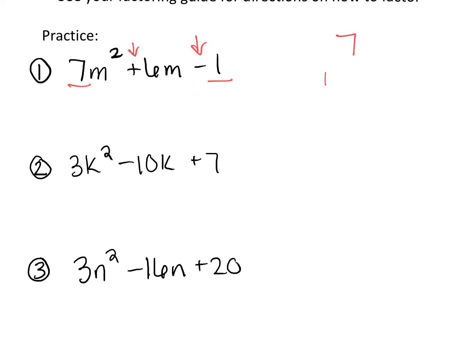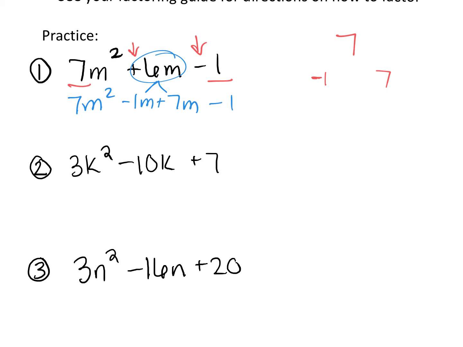Our factors of 7 are 1 and 7, so we need one negative and one positive. Since this is positive, our smaller number gets the negative sign. So now we take that 6m, it becomes negative 1m plus 7m. And then bring down your other stuff.